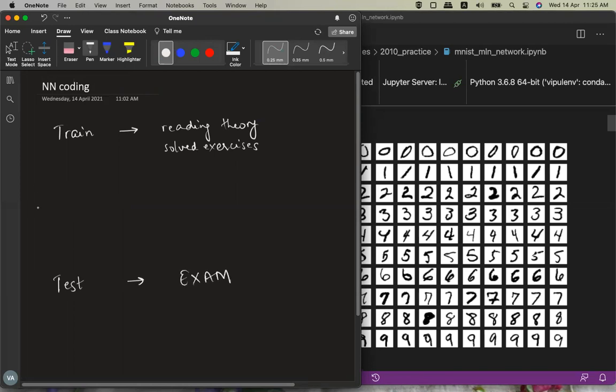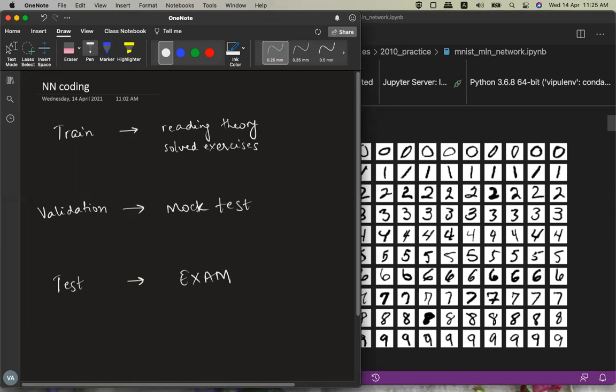In between, you create a validation stage, which is like a mock test or mock exam. So basically, you are testing yourself whether you have trained yourself well or not, whether you have really learned it or not.